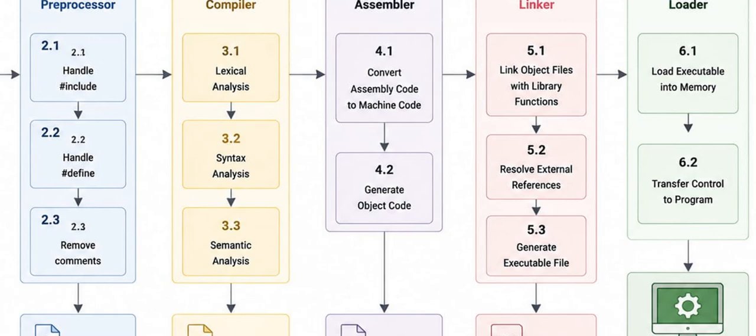Now when we double click on this executable file or run it on a terminal, the operating system loads all the instructions and the source code into the RAM. The program's instructions and the data are placed in the memory. So the CPU gets access to it.